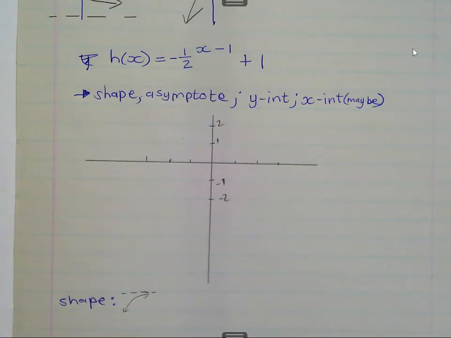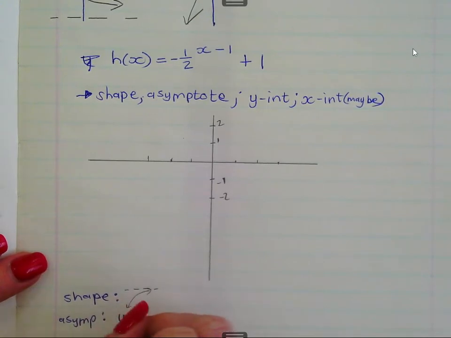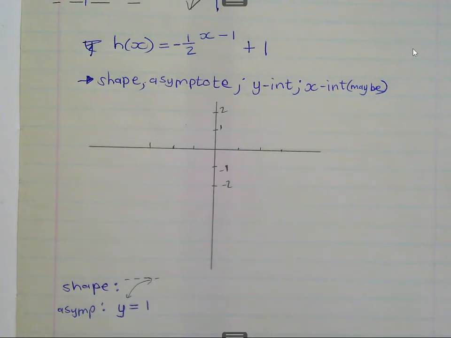It is not an equation. What is the asymptote? Y is equal to 1. Don't make that mistake. 1 is nothing. 1 is not a point. 1 is not a line. 1 is nothing. It's either a line or it's a point.